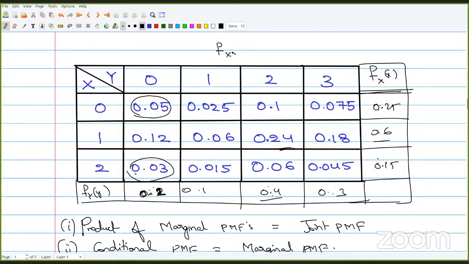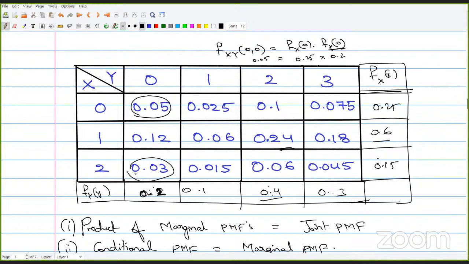So we need to check whether fxy of 0 comma 0 is equal to fx of 0 times fy of 0 or not. For this first entry, fxy of 0 comma 0 is 0.05. Now the right hand side: fx of 0 is 0.25 times fy of 0 is 0.2.